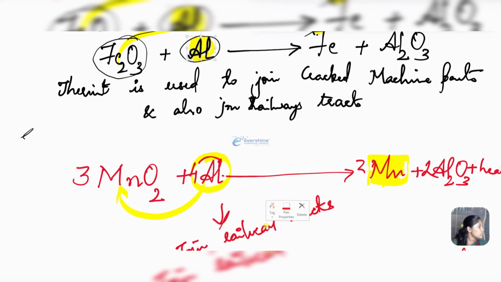MnO2 is reduced to Mn, Al is oxidized to Al2O3. Fe2O3 is reduced to Fe, Al is oxidized to Al2O3. So this is an example of a redox reaction also. A highly reactive metal is used to reduce the metal oxide into metal. This is called a thermite reaction. Very important reaction for the exam.